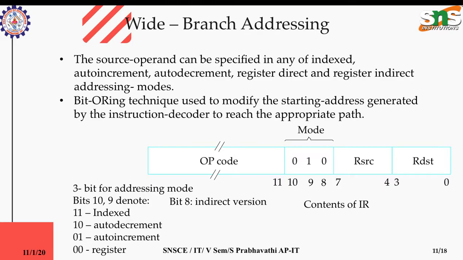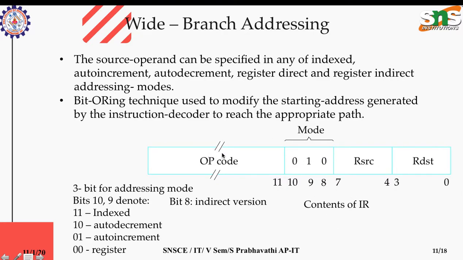Wide branch addressing means we have 5 addressing modes represented in that flowchart, and the source operand could be fetched using either one of them, with the bit ORing technique used. So the content of the instruction register would look like this.